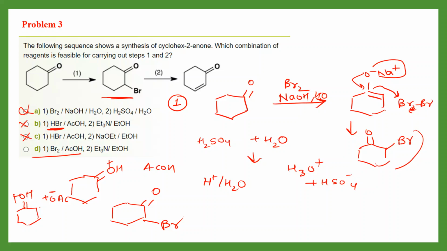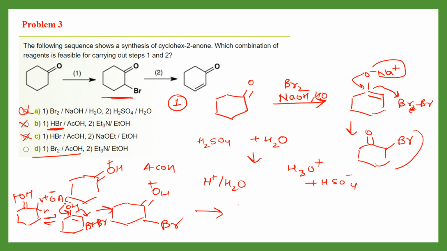Now it will abstract a proton from here and it will form the enol. What will it form? Enol. Correct? And then this O negative lone pair of oxygen will come back and attack your Br, and it will result in the formation of this. Correct?